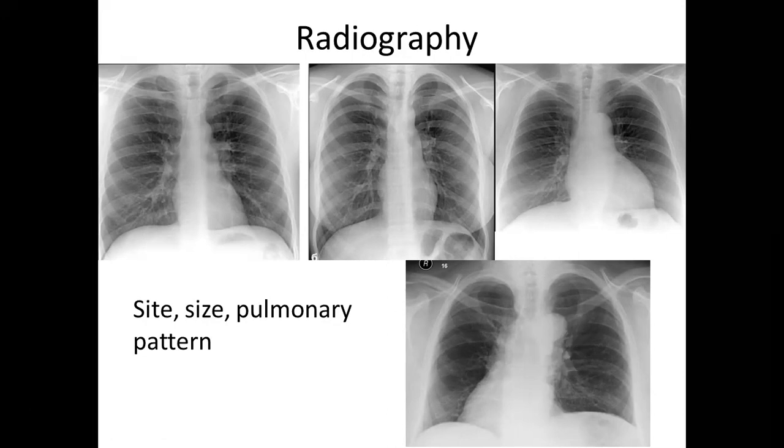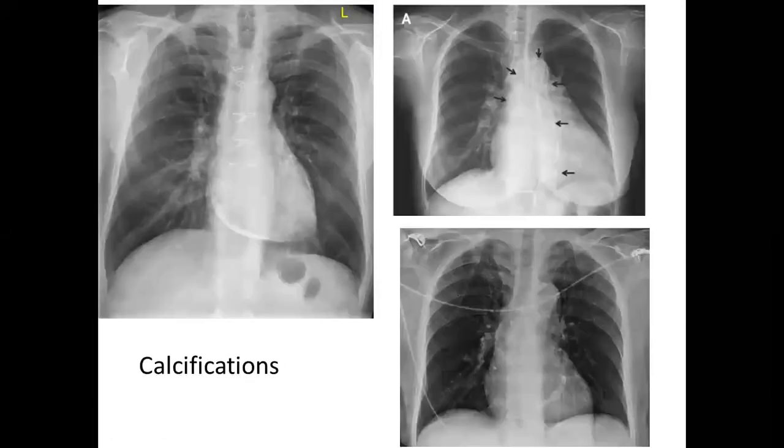Before you start USG, and obviously in patients who have some active complaints, it is very important to do both radiography and USG. What else may we find on X-ray?